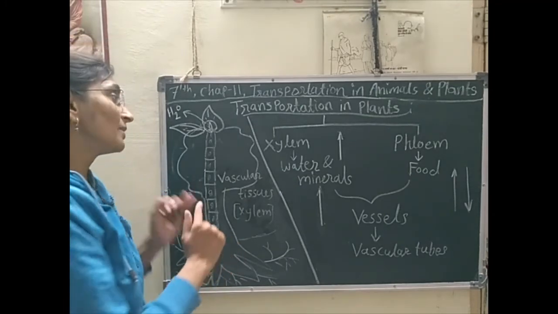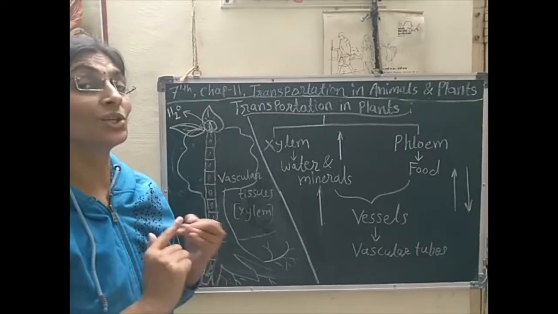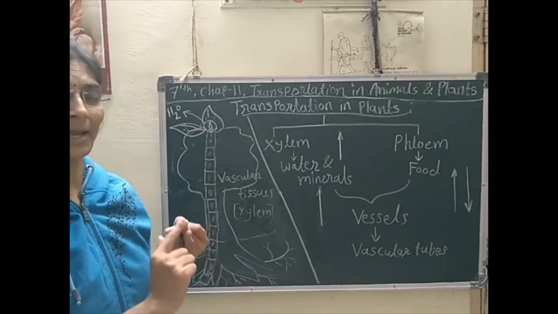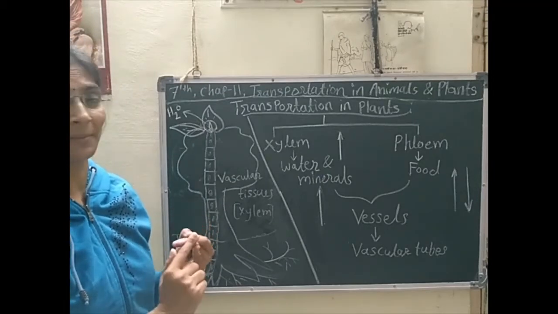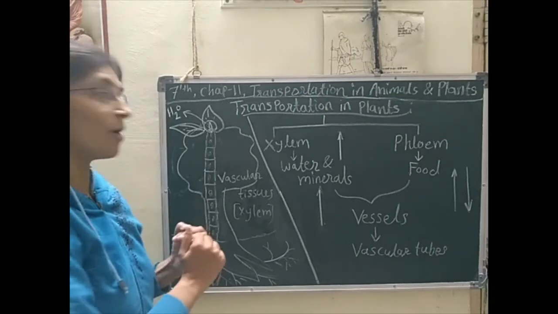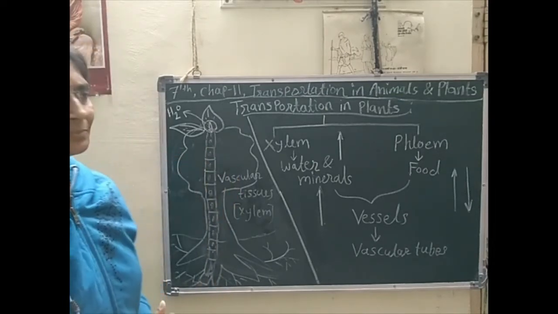This energy is stored in the form of ATP inside the cell. We know that very well, and this energy is formed inside the plant.